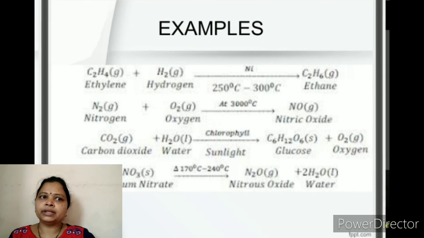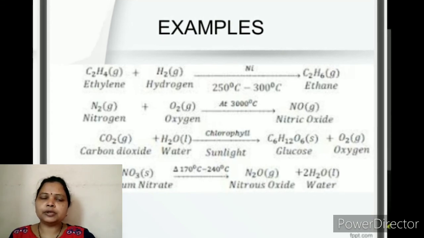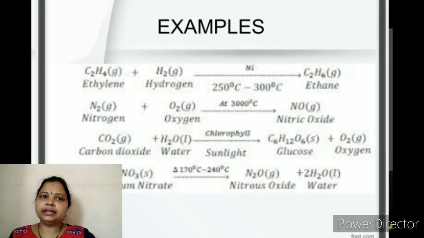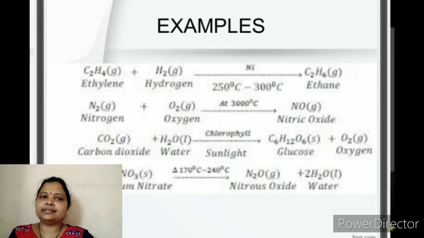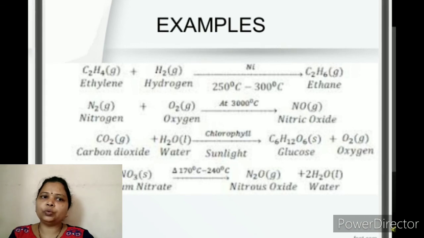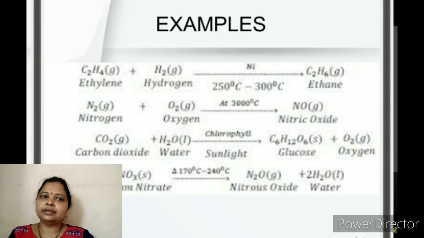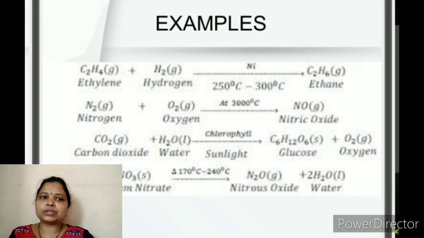Second example, nitrogen in gaseous state plus oxygen, it reacts with the oxygen and gives the nitric oxide at 3000 degree centigrade. And third example, carbon dioxide reacts with the water in presence of the sunlight, it gives the glucose, that is C6H12O6, and oxygen.